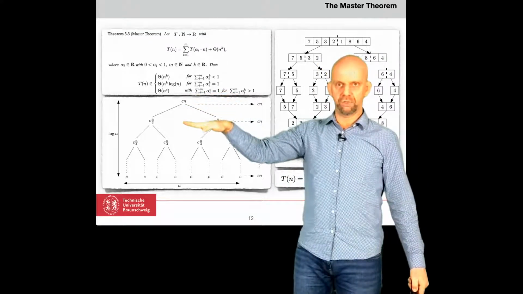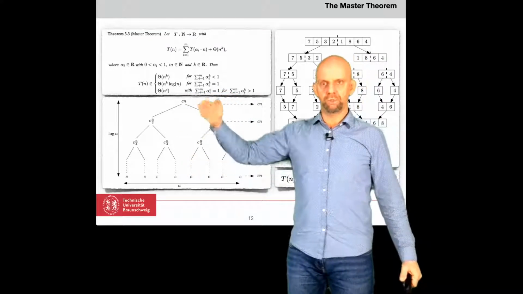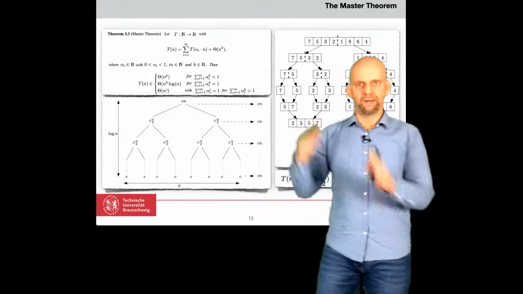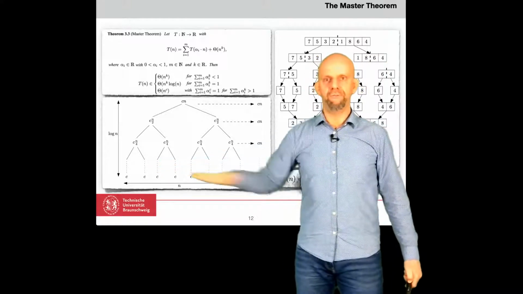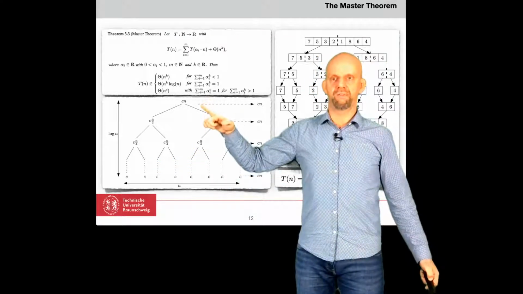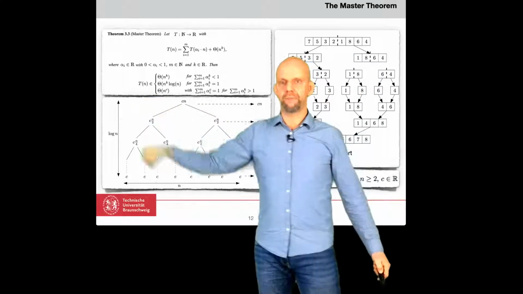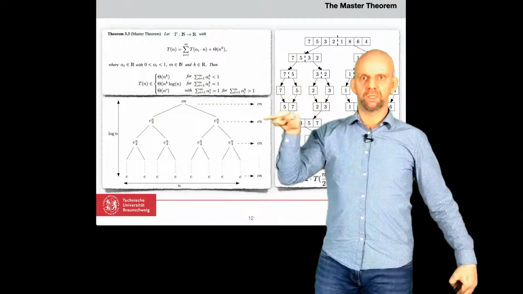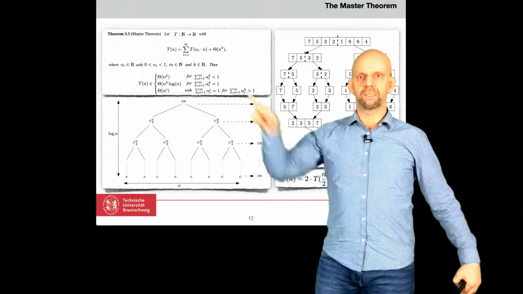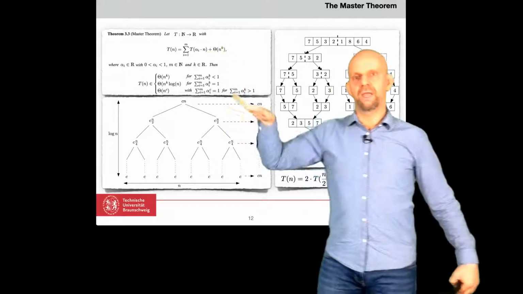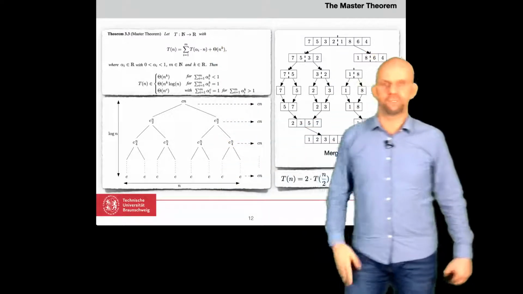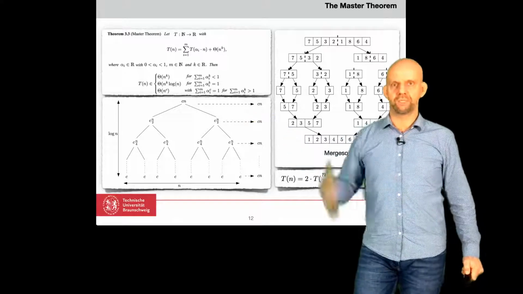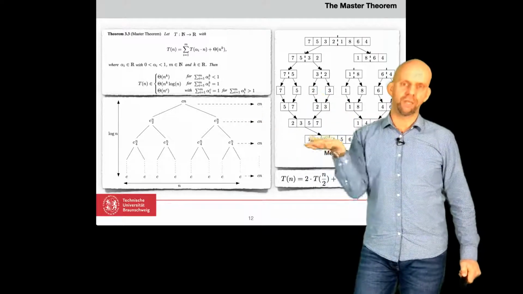How many levels do you get? How deep does that tree get? Well, you're cutting it in half at each step. How often do you need to cut it in half until you get to a leaf? That's obviously the logarithm of n. So the depth of this recursion tree is logarithmic. At each level, it costs you c times n. That's the overhead here. And you have a logarithmic number of levels. So that's intuitively a good way to look at this and a good way to understand how you get the logarithm in here.